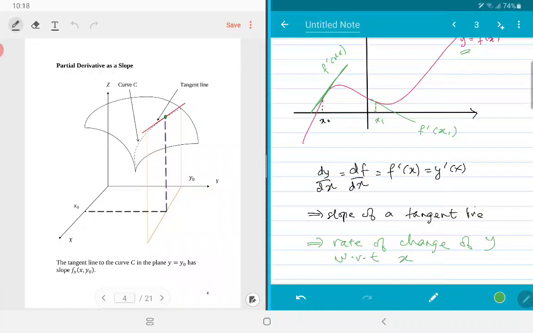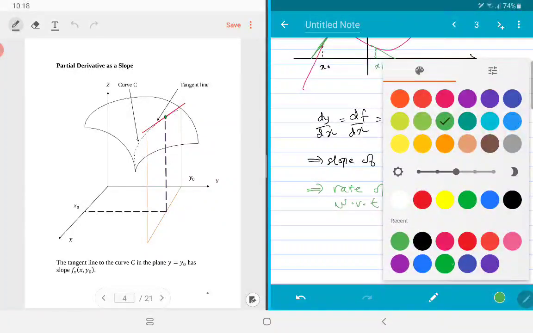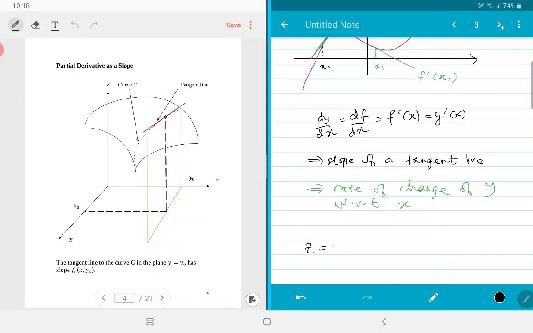Now we can expand that to a function with two independent variables. Let's say you're given z equals f of x, y. If you plot this in xyz space, what you get is a surface. We will learn about this in chapter 1, inshallah, in week 3, where we learn how to sketch a surface.